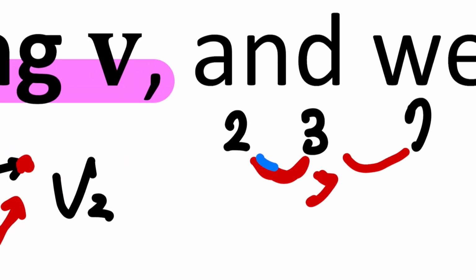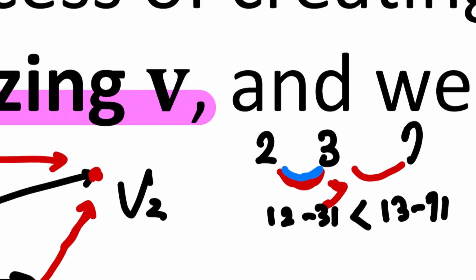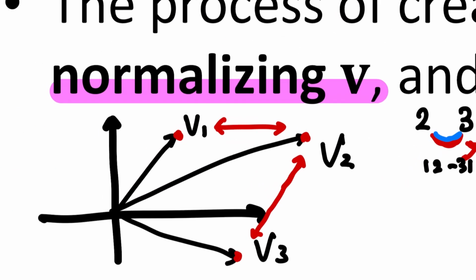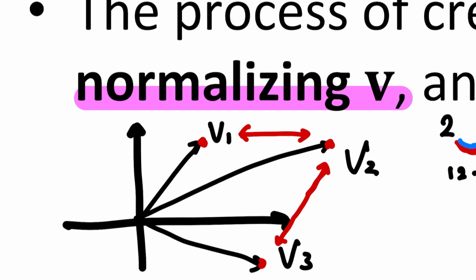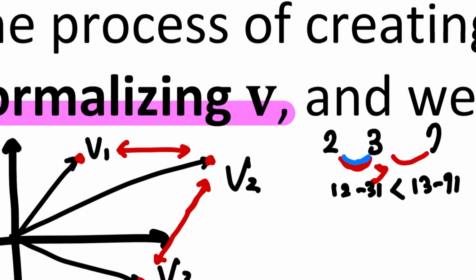With scalars, we just measure the distance, something like 2 and 3, versus 3 and negative 7, and we know which is larger. But in vector space, we need tools to measure the similarity between arbitrary vectors. That's why we introduced the inner product and the length of the vector.